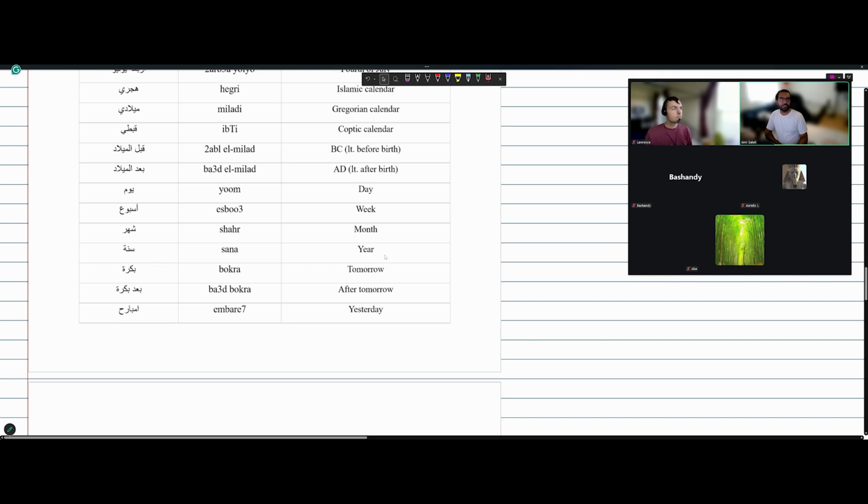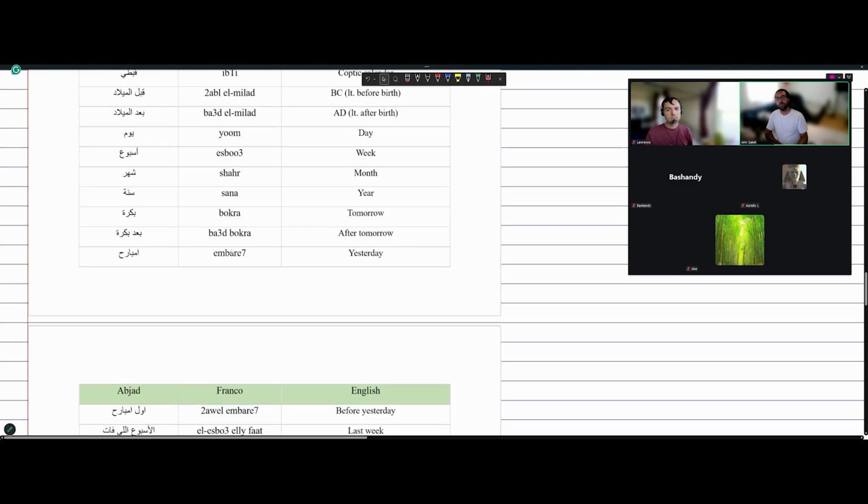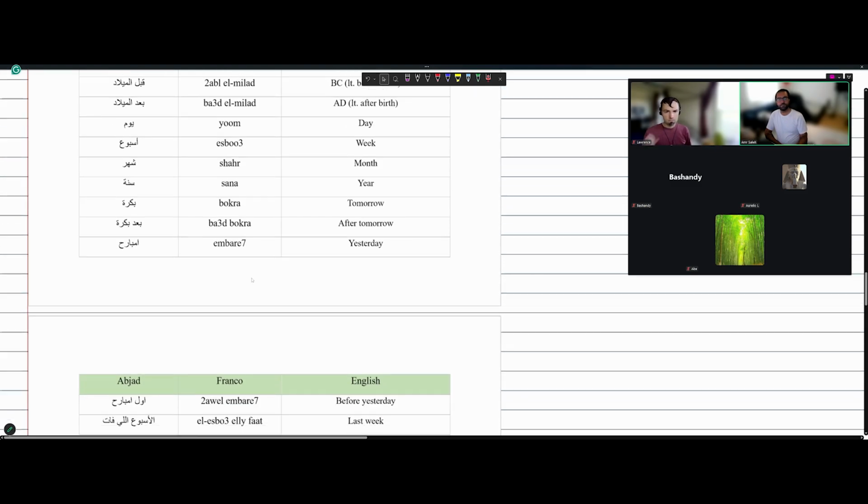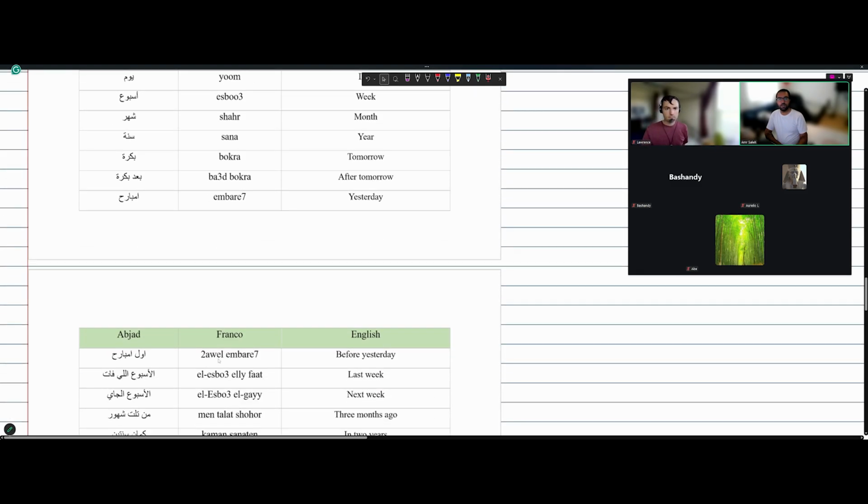Sana is year. Bukra, tomorrow. Ba'ad Bukra, after tomorrow. Ba'ad means after. Imber is yesterday. Awel Imber would be before yesterday.